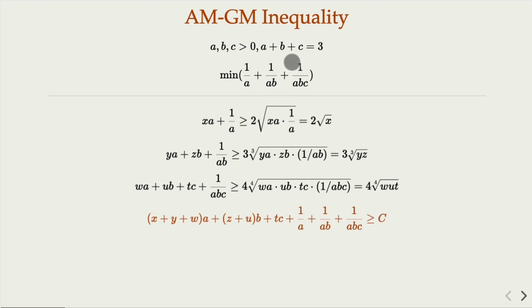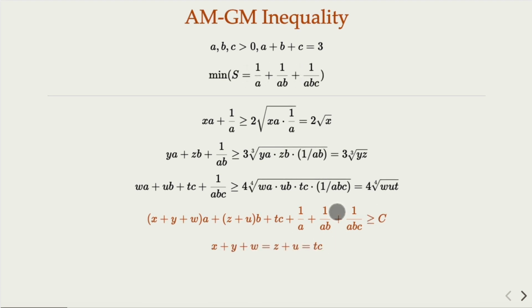Now we have the constraint a plus b plus c equals 3, so we need to make sure that this has the same coefficient for a, b, and c. In other words, t would equal z plus u would equal x plus y plus w. So in that case, this will become a constant, this is a variable term, and then this is some other constant. So we can use this inequality to determine the minimum value of this expression.